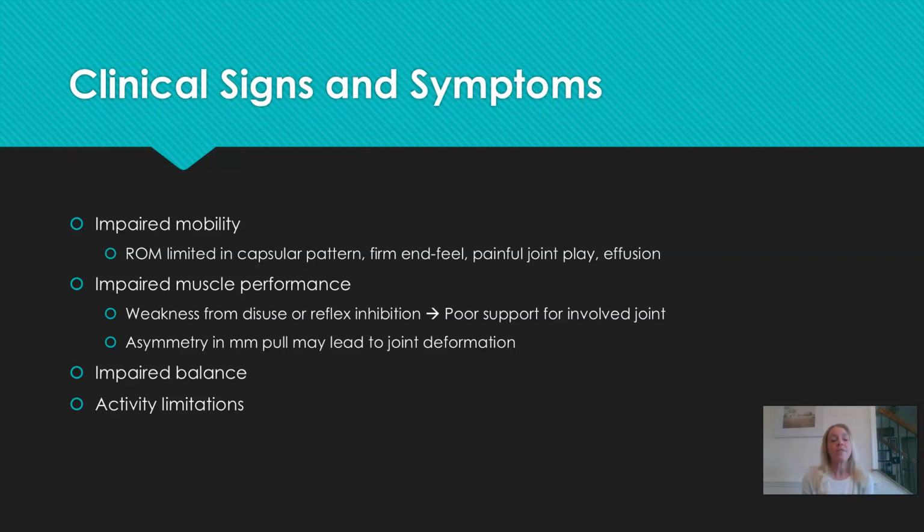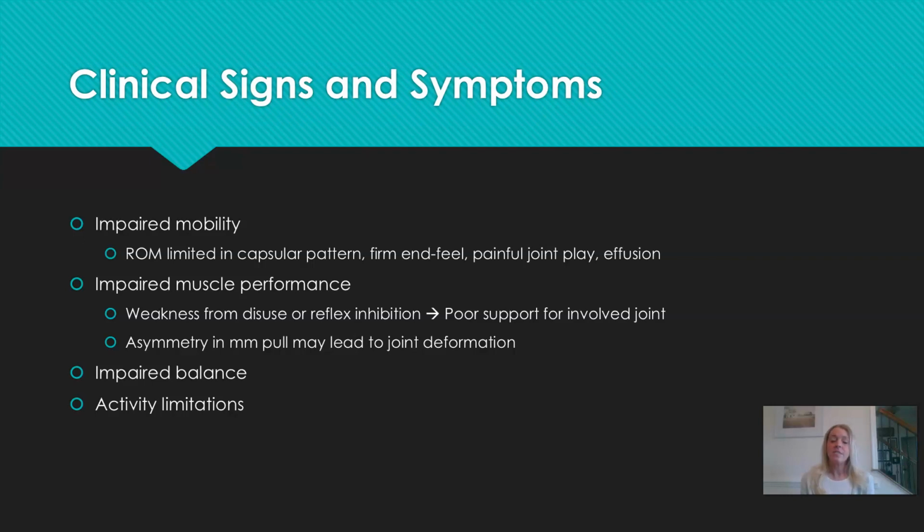We'll also eventually see some impaired muscle performance or weakness of the surrounding muscle groups. Again, this is usually due to disuse because they hurt. They don't want to use that body part as much anymore, or some reflex inhibition as well. But again, that's going to mean that there is going to be less support available for that joint.